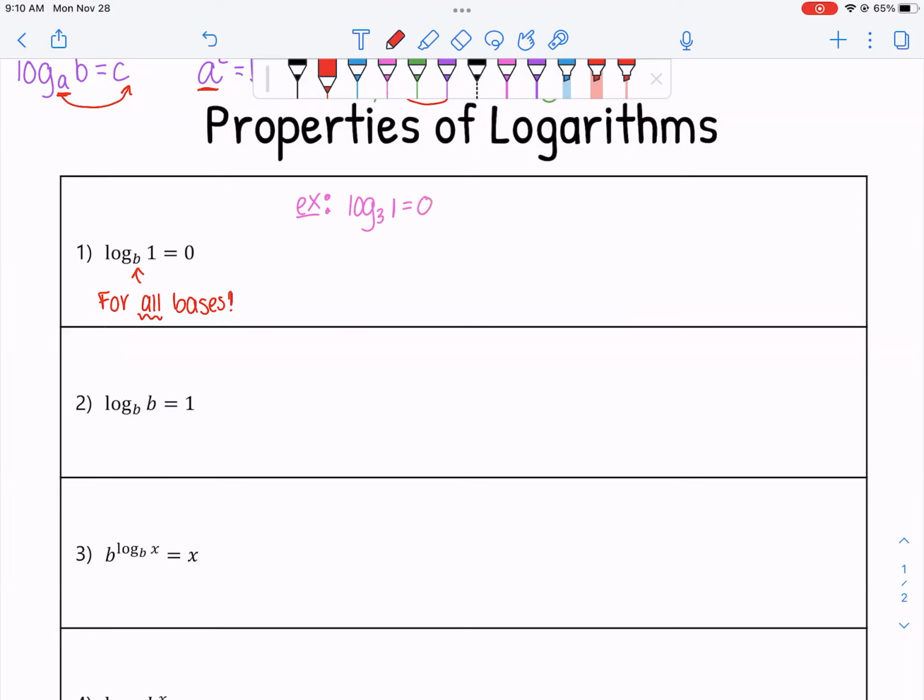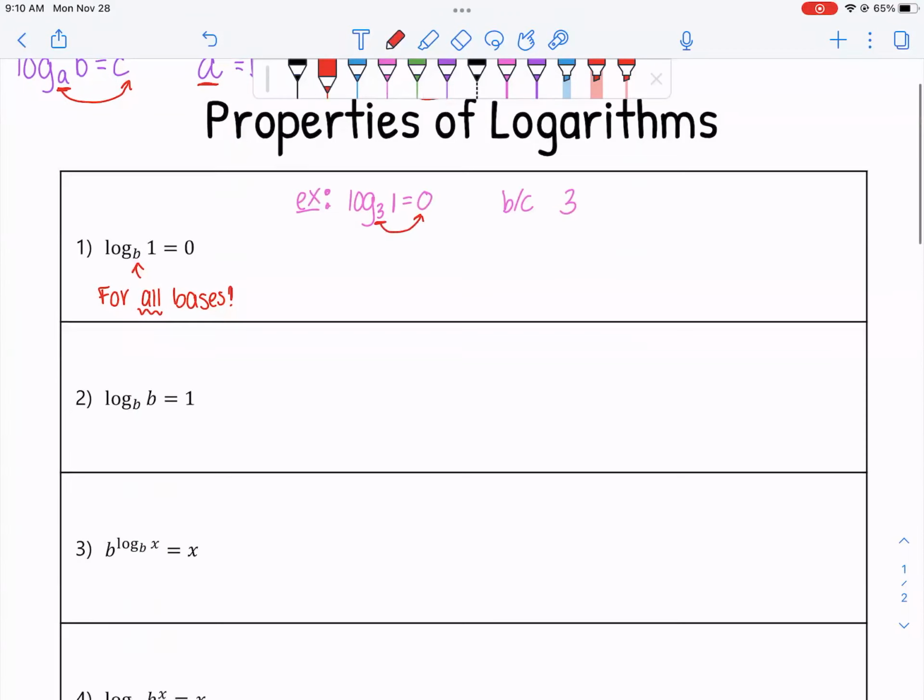And why? Well, start at the base, 3. This is because 3, across the equals, raised to the 0 is equal to 1. Yeah, that's true.